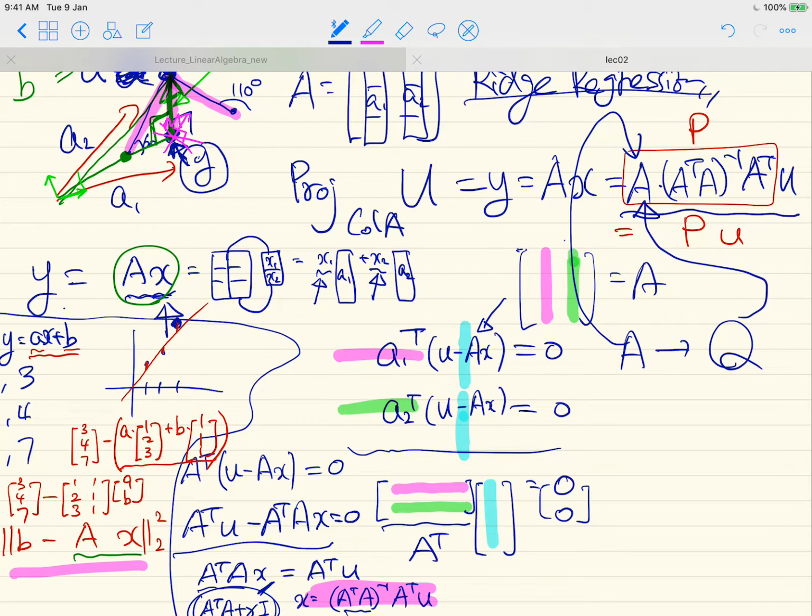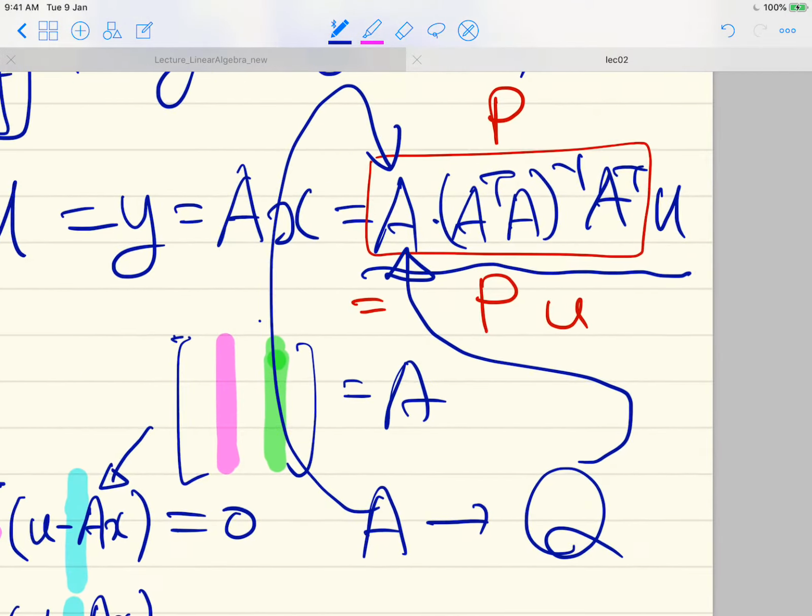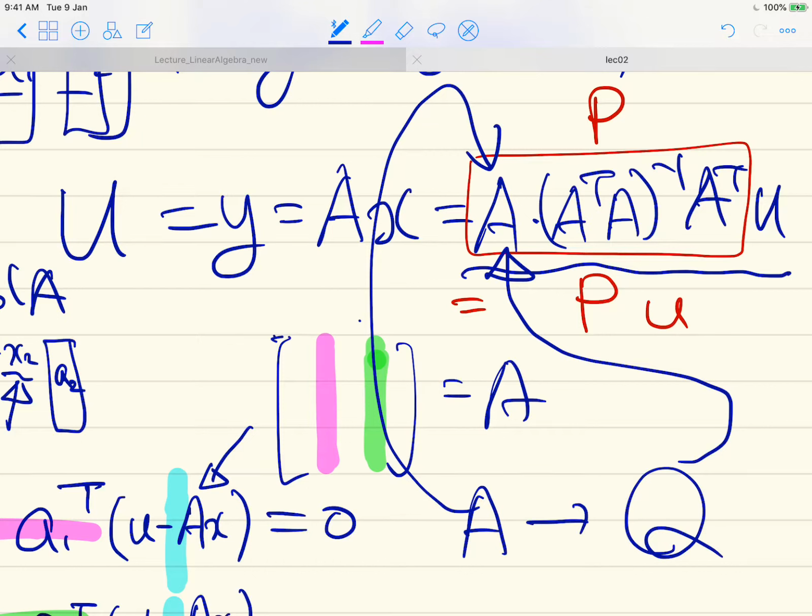But here the computation will be much simpler when using Q, because this part, Q transpose Q, is what? It is the identity matrix, right? And thus we don't actually need to compute the inverse matrix.